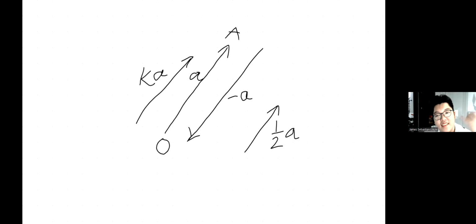Let's call this constant coefficient k. Then every vector which has the same direction as the original vector is the scalar multiple of the vector itself, because as you can see, the value of A never changed.